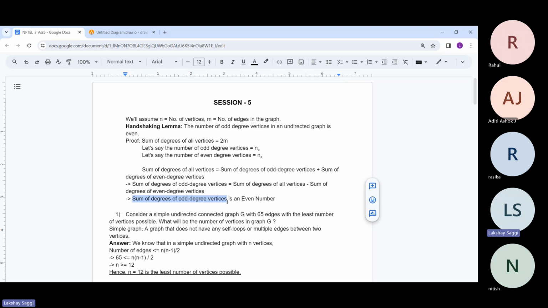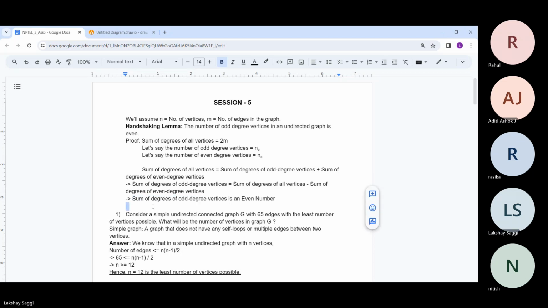Three odd numbers will always sum to an odd number: 1 plus 3 plus 5 equals 9, which is odd. But if we take four, six, or eight odd numbers, they will always sum to an even number. Like 1, 3, 5, and 7: 7 plus 5 is 12, 12 plus 3 is 15, 15 plus 1 is 16, which is an even number.